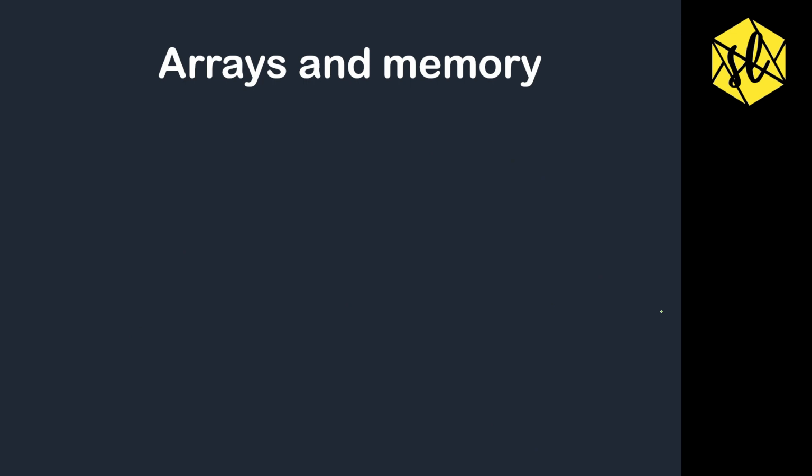Now let us revise arrays and memory in more depth. We will not compare an array with a variable this time. We will just see what an array is and how we explain an array. Let's say an array is just a contiguous memory block.